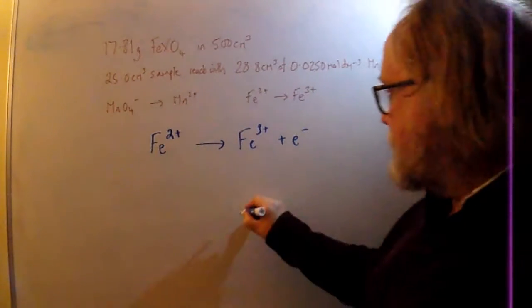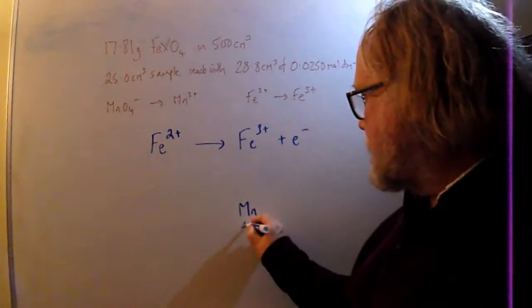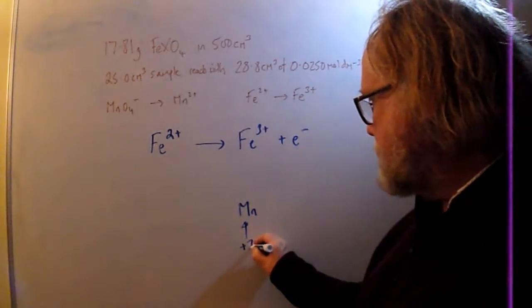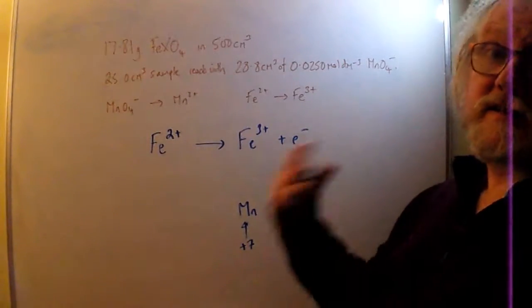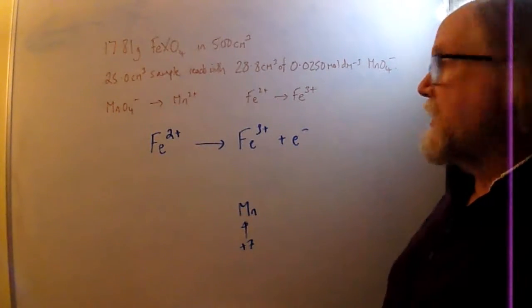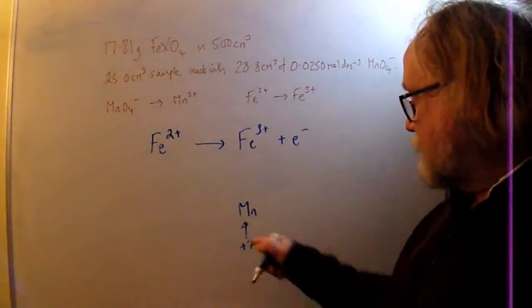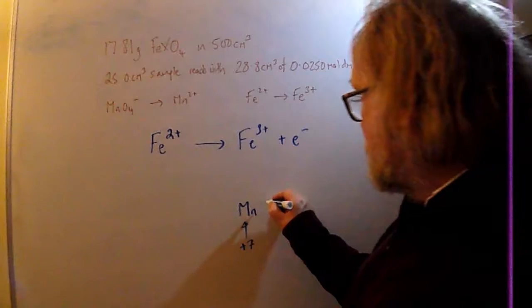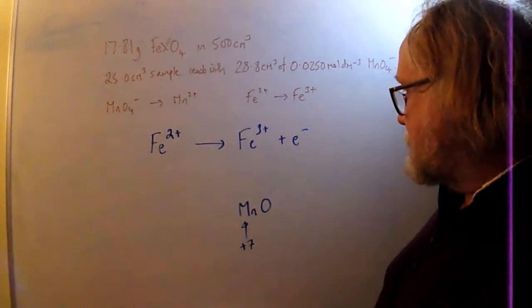If you should happen to forget it, you can work it out, because you know that the manganese is plus 7, and you know that ions ending in 8, like sulfate, carbonate, nitrate, all of those, they're called that because they have a bunch of oxygens as well as the element. So manganate would have a bunch of oxygens as well as the manganese.